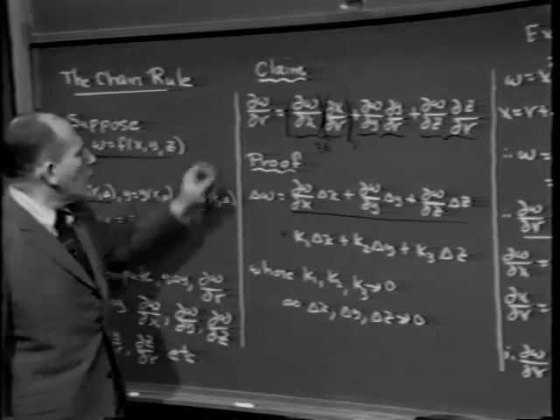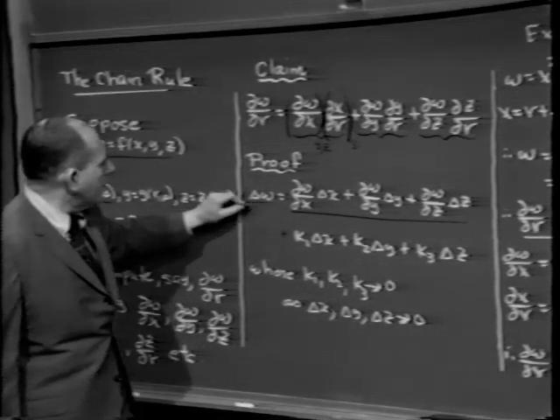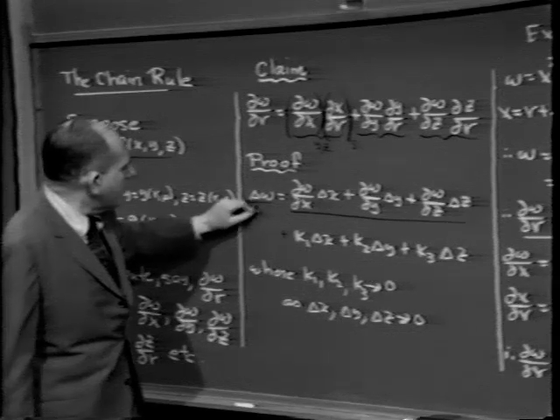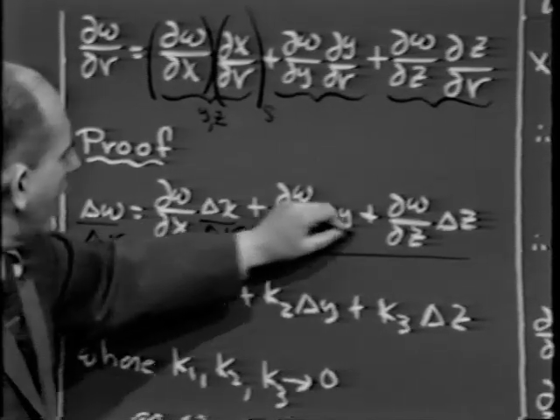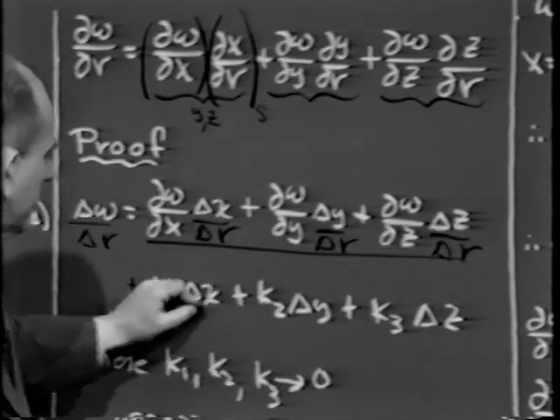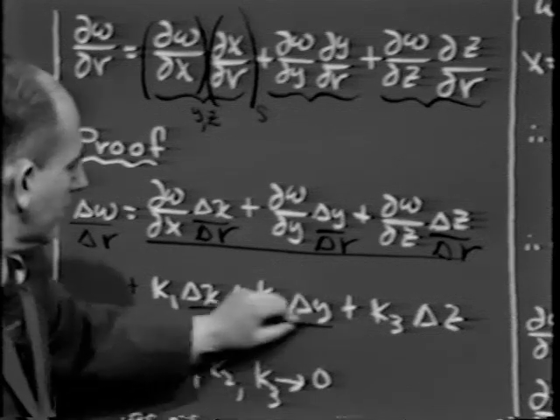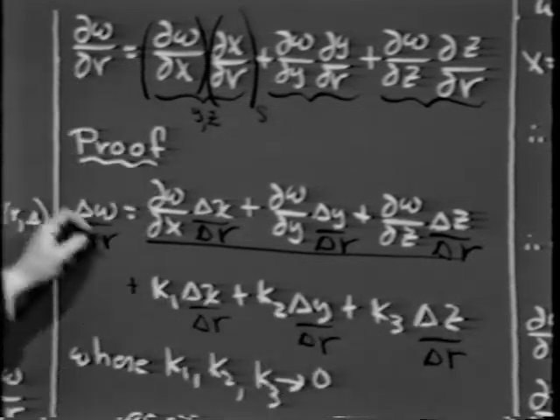And now notice, what does the partial of W with respect to R mean? It means you take delta W divided by delta R. And let me just do that here. I'll just divide every term by delta R. And now what do I have to do next to get the partial?